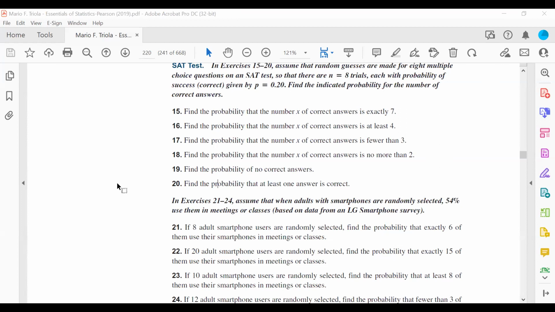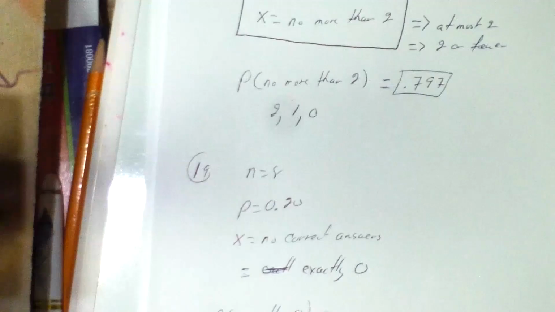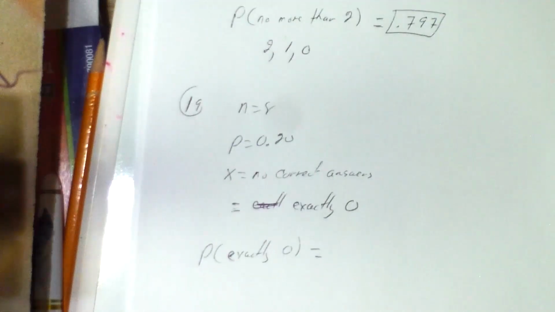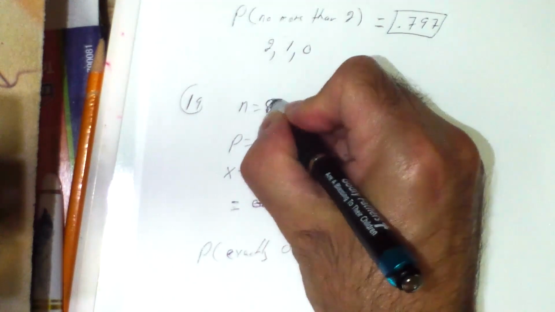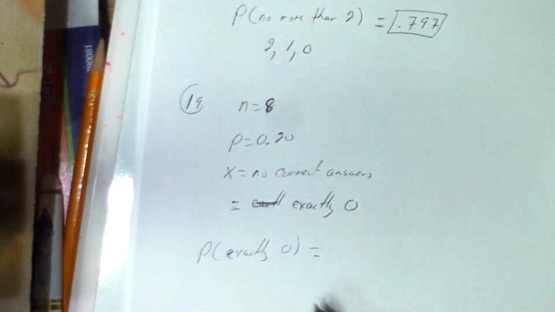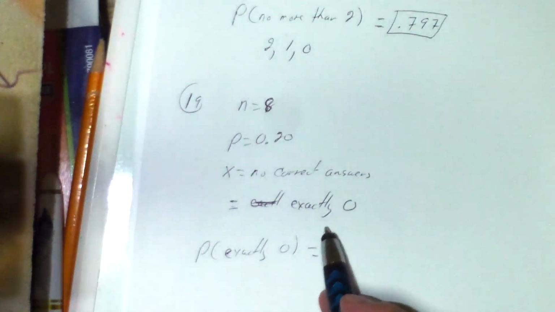So the probability of exactly 0. No correct answers means exactly 0.